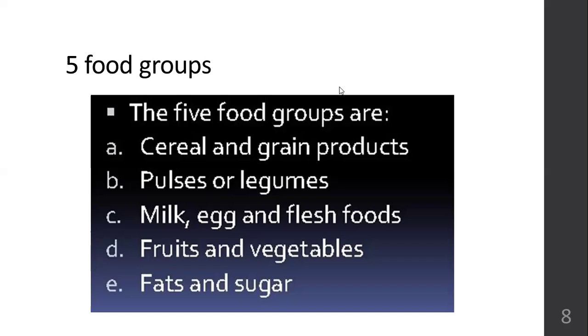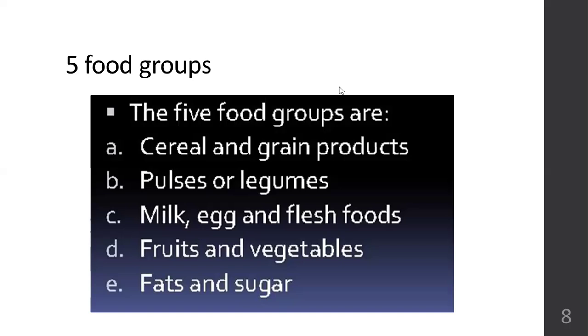So don't get confused between food groups and nutrients. This is food group, different types of food, sources of food, like in the form of cereals, pulses, legumes, milk, egg, flesh, meat-based food, fruits, vegetables, fats, sugar. These are different types of food with which you make a recipe, you make a meal. So these are the food groups.